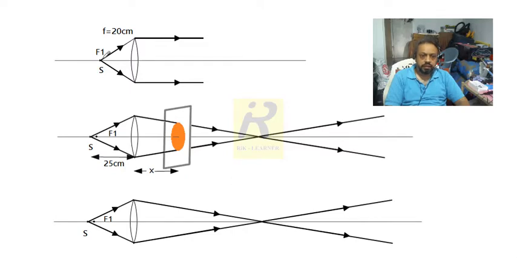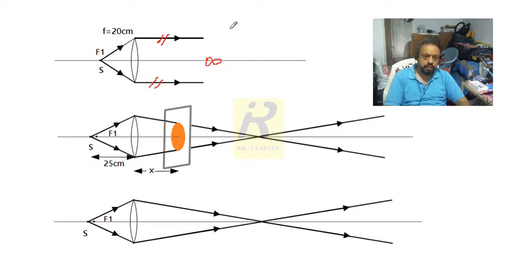If we place the source exactly at the point f1, the light rays entering the lens go out parallel to the axis. That means they never meet one another, so it extends to infinity and no image will be formed.